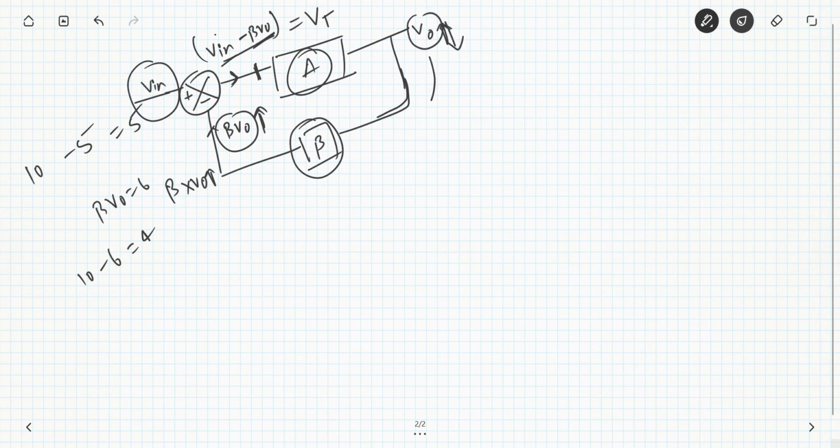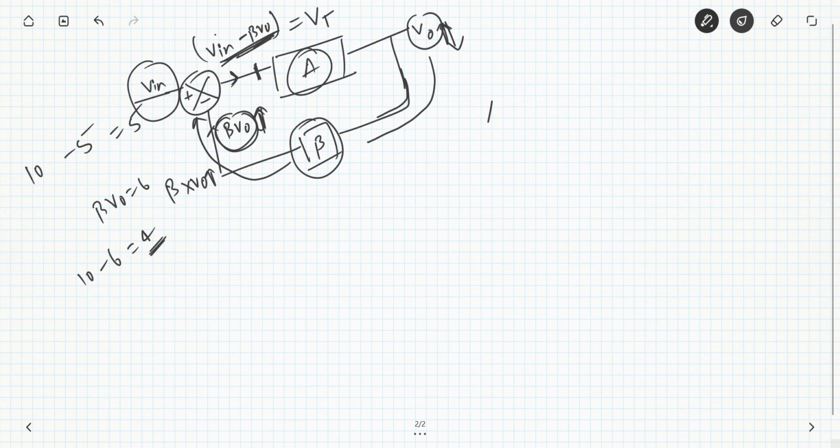Because the output is decreasing, once again it will go into the feedback loop. It was previously 4. The beta V naught term is decreasing, so this VT term will increase, and hence it will act like a bang-bang control. In control systems there are different types of controls, PID, bang-bang. So this is a bang-bang type of control.